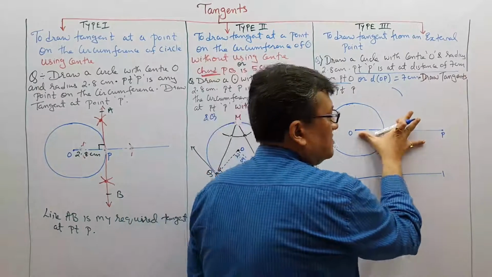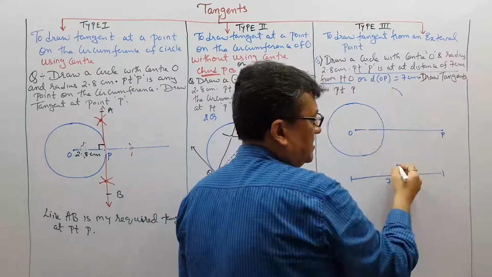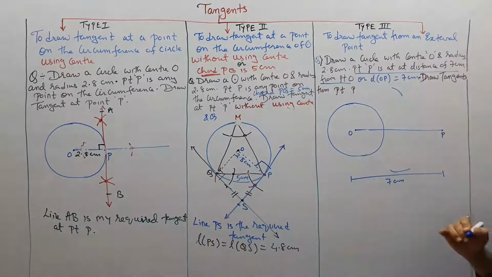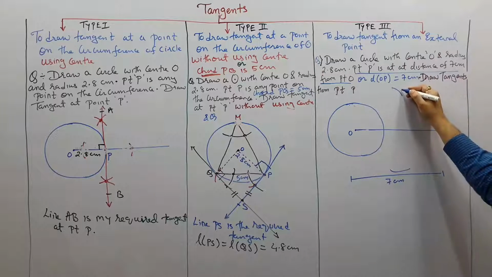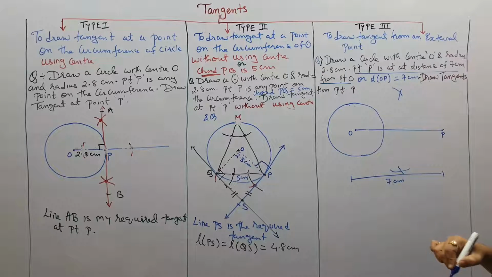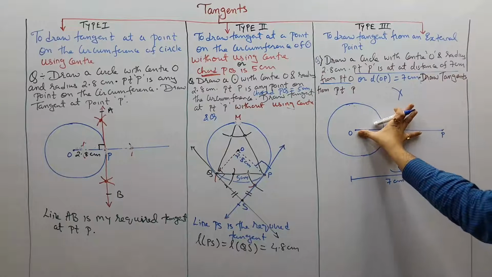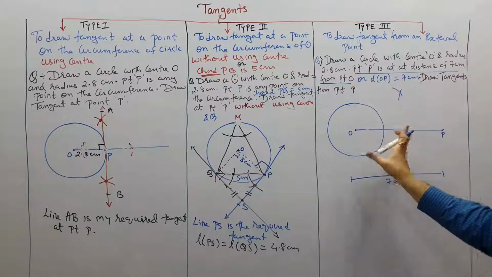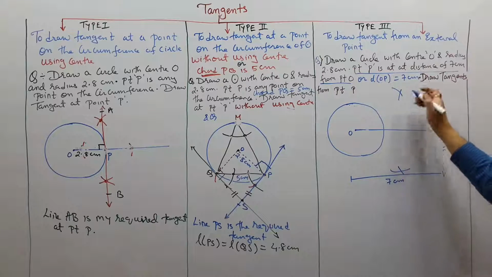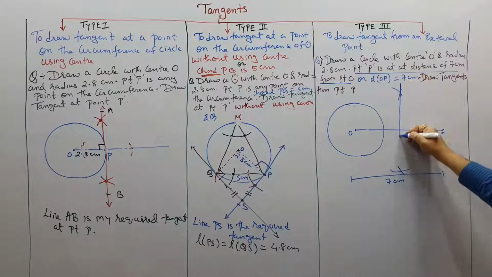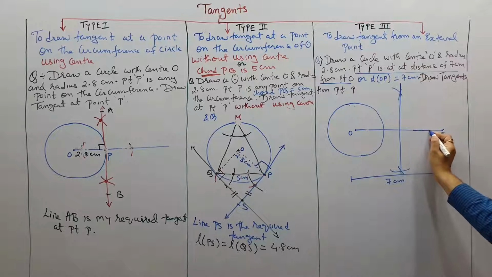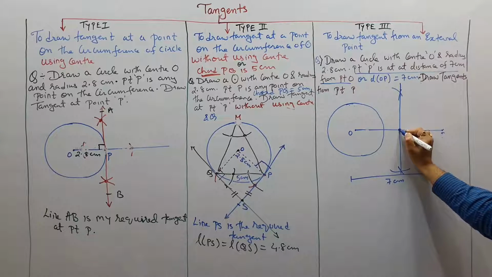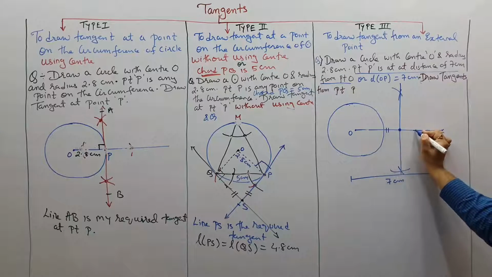O as a center, more than half of OP, arc here, keeping radius unchanged, P, cut. Need not measure it. Join this. Is this a bisector?